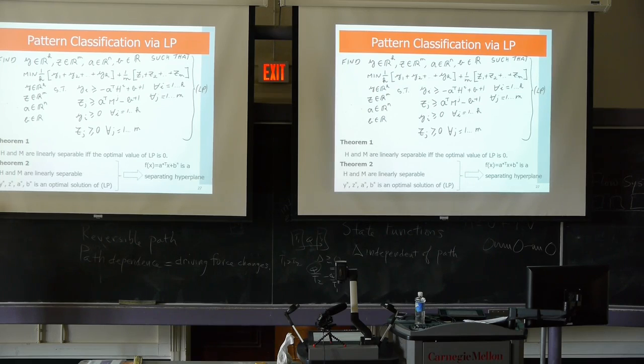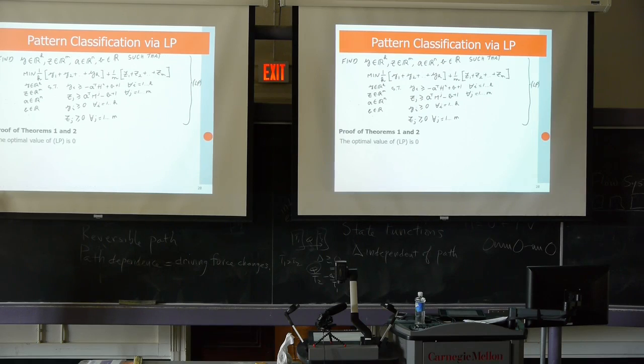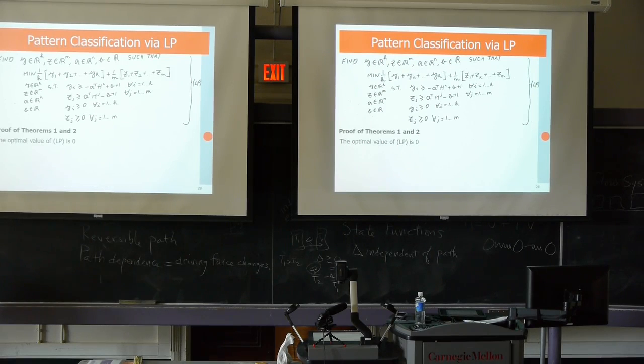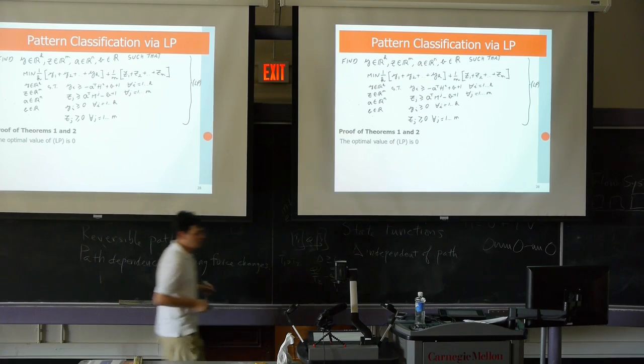So if they are linearly separable, we need to prove that then y star and z star are 0. So this is the linear program.